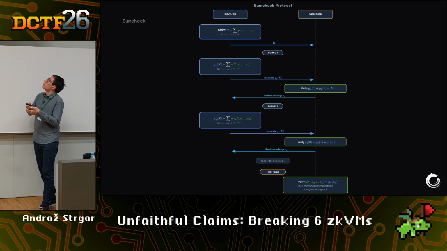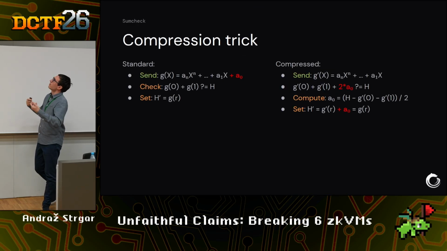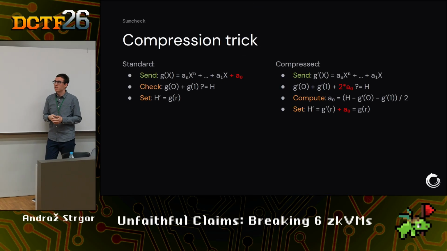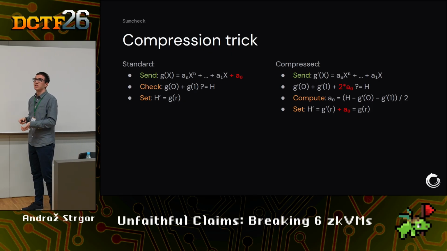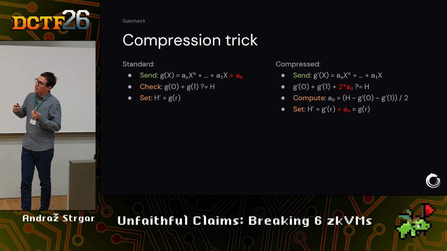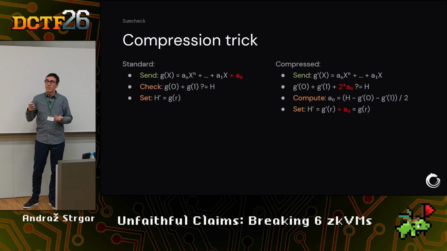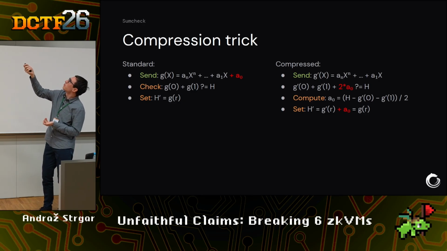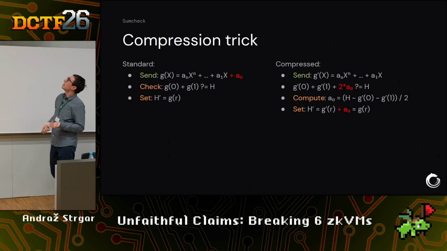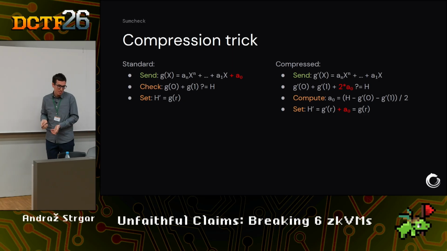And this is now much more efficient, but people want to make things even more efficient every time. And here comes the compression trick, which we will later see can cause many problems. Here in red, I have the constant term of the polynomial being sent over, so it is not multiplied by any power of x.